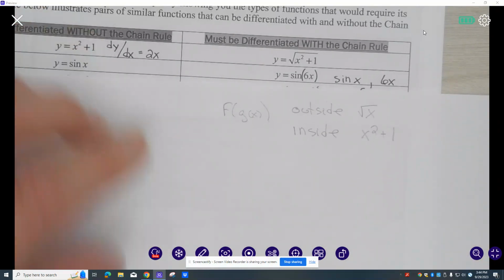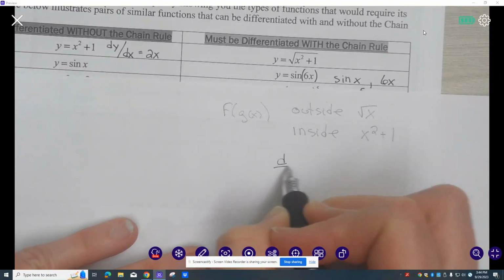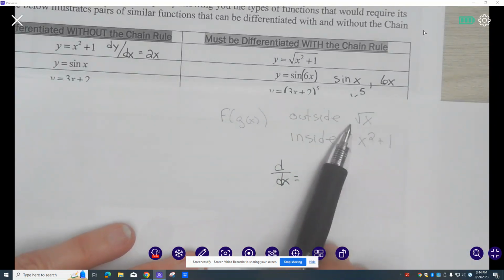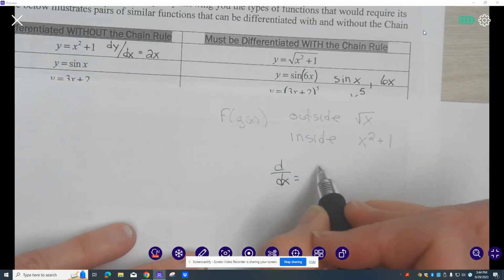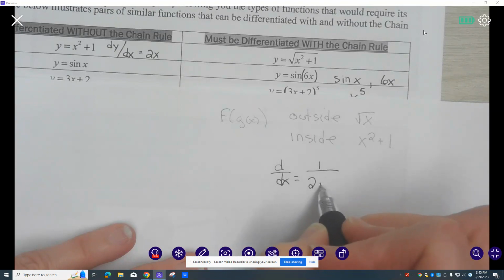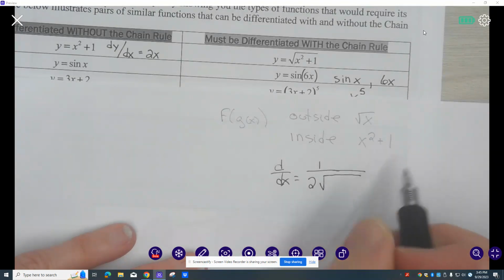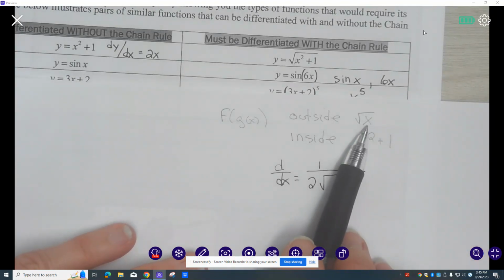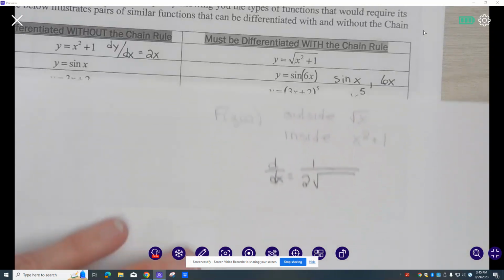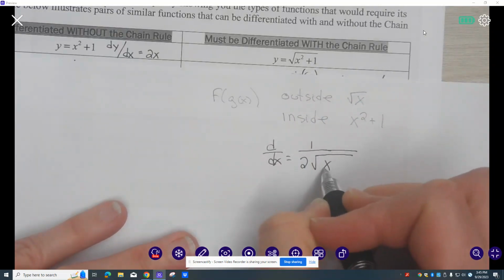So now let's say I'm doing the derivative, d dx. It says take the derivative of the outside. The outside is square root of x. The derivative of the square root of x is 1 over 2 times the square root of x. But I'm not going to put just x in there because this says take the derivative of the outside, but keep g of x inside there. So I'm going to keep the inside in there.